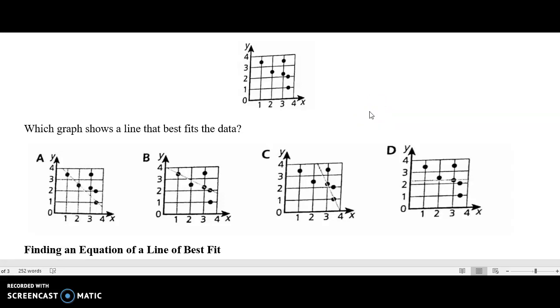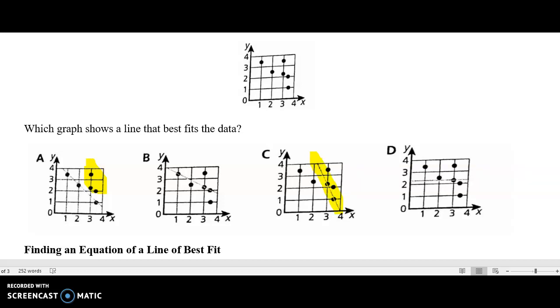Hopefully you're looking at A and you're saying, well, there's a lot of points above, but there aren't any points below. Yeah, it goes through 3 of the points, but it's not very even here. C, we've got our line here with 1 above and 2 below.